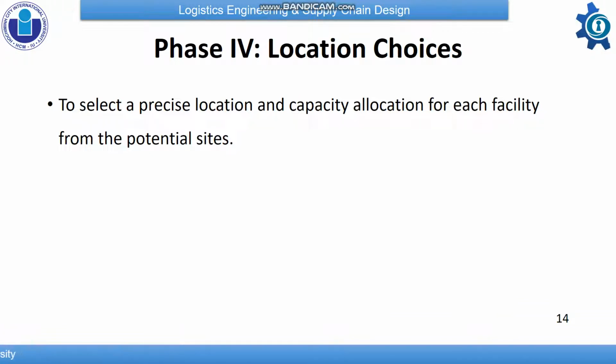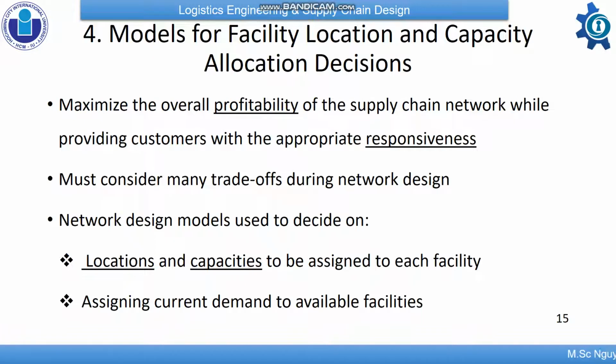Now we will go to an example of how to develop a model for facility location and capacity allocation decisions, so that you will understand more how to apply those things to reality.